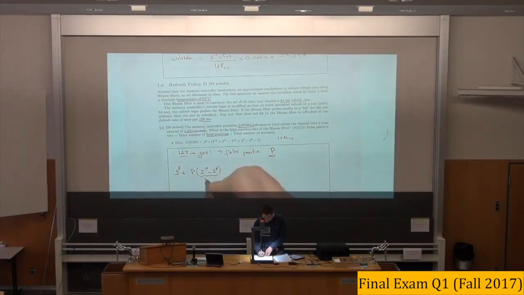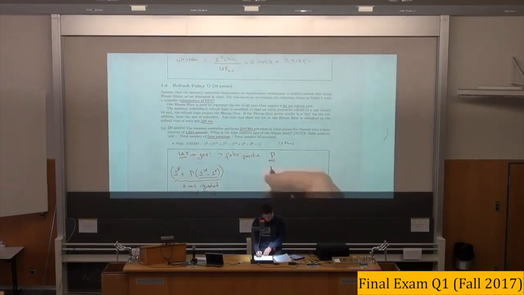So this is the number of rows refreshed in each, let's say, 64 milliseconds, and this is our false rows.